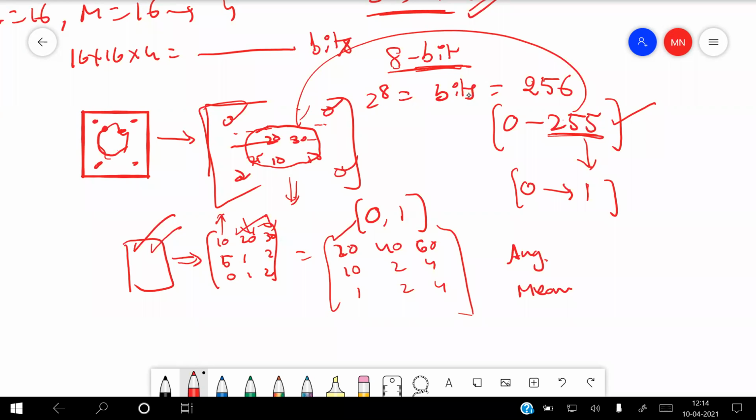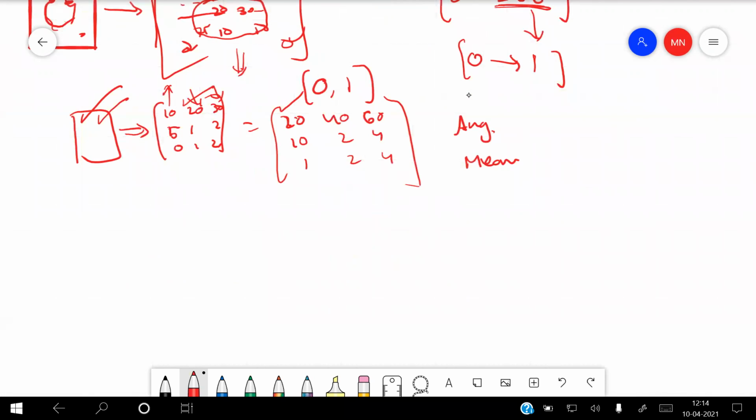Where the gray level is maximum, the intensity is maximum, and where it is minimum, it is a lower value. Like that we can differentiate and analyze in which area we need to enhance. That particular area we try to enhance in the image enhancement technique. Any questions?